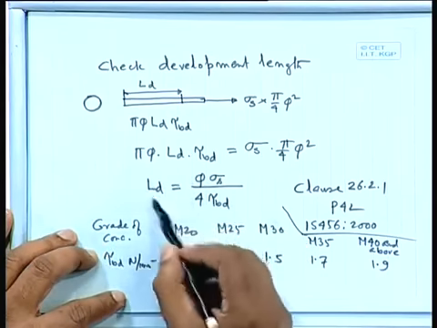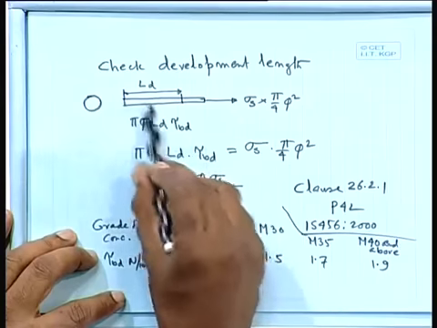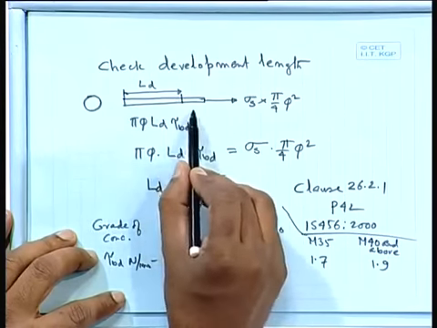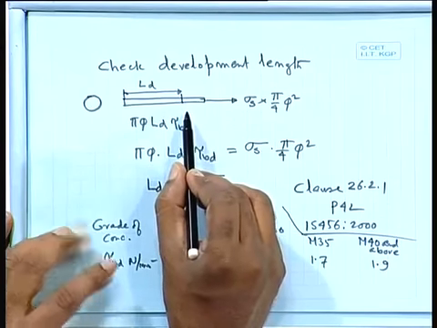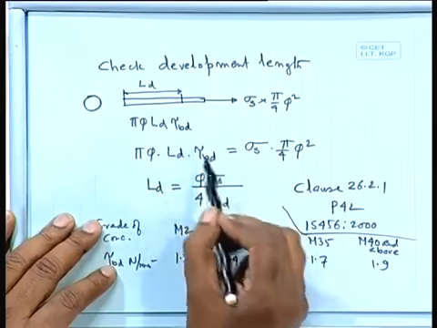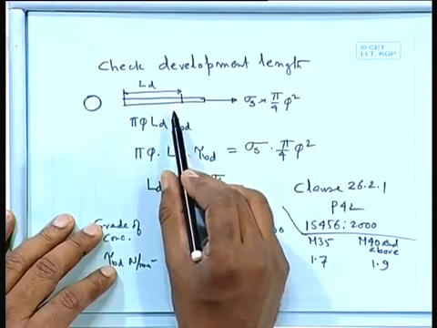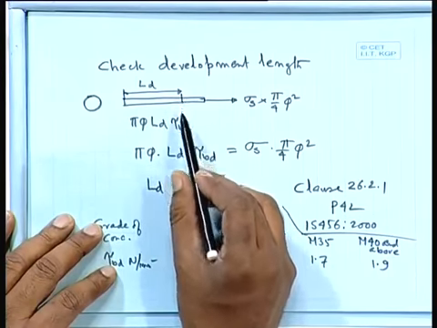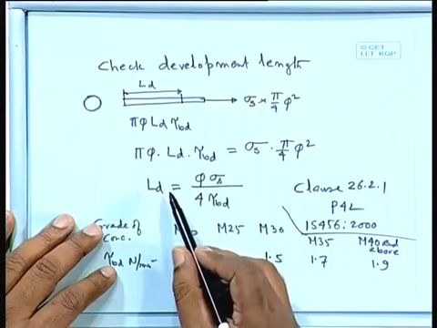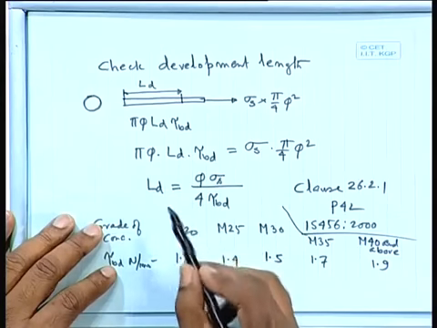Now, this is valid because the surface we have taken is plain, not the ribbed one, the deformed bar. So, what is the code saying? For deformed bar you increase the bond stress by 60%, whatever LD you get. That means LD will be reduced.